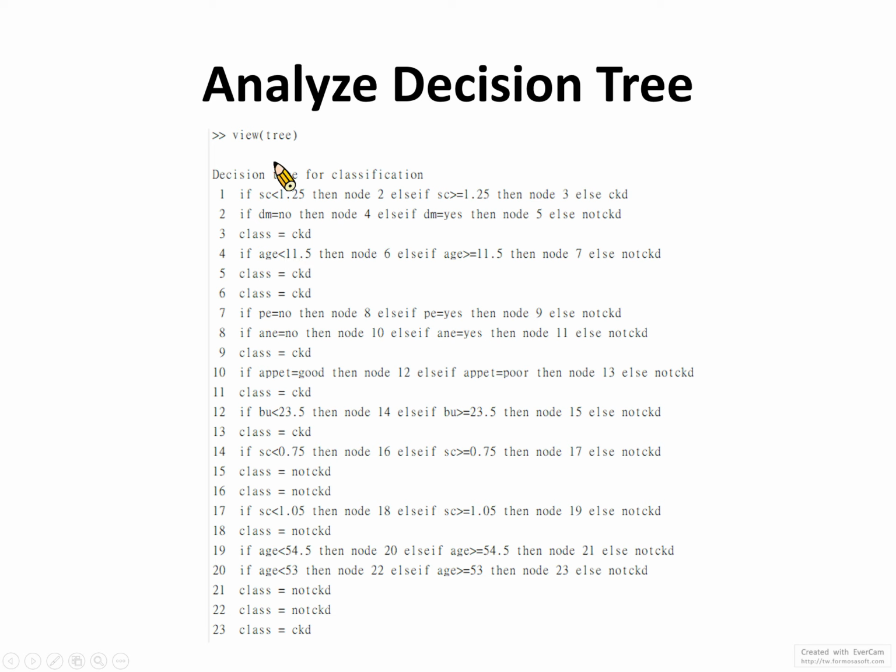If you type view tree in MATLAB, you should be able to see the results of this classification tree. The first line says that if serum creatinine is smaller than 1.25, then node 2, else if serum creatinine is larger or equal to 1.25, then node 3, which is CKD, meaning that if serum creatinine is larger than 1.25, then it's chronic kidney disease.